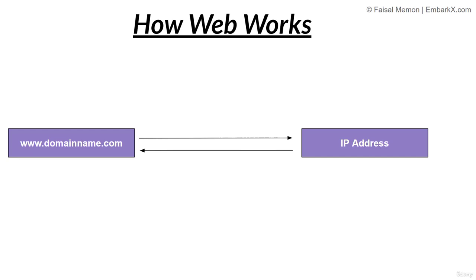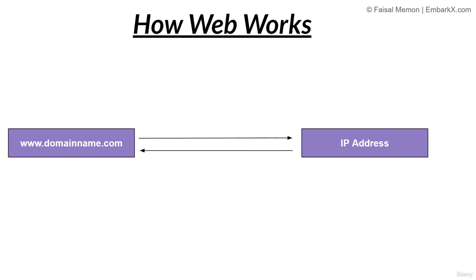This is what you can think of as to how things work behind the scenes. Okay. And this process of translating to the IP address and IP address back to domain name is known as domain name system. Okay. You can think of this like a phone book of internet. Okay. Where you have a domain name that is being mapped to the IP address.